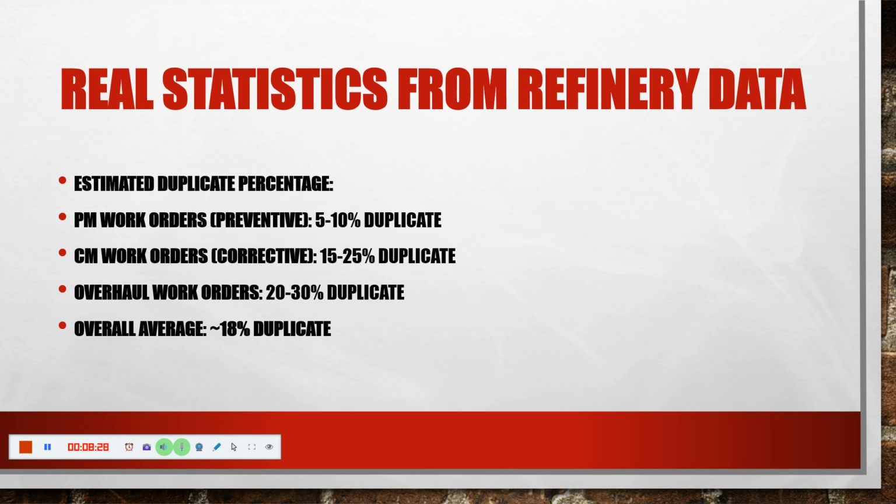For example, we reach 5 to 10 percent duplicated for PM work orders, 5 to 25 percent duplicated for CM work orders, and 20 to 30 percent duplication for overall work orders, and the overall average is 18 percent duplicated. This number is very high, and we have to use some solutions to reduce this number in our systems.